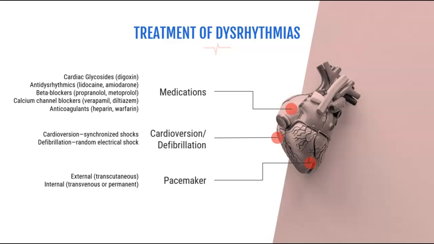Remember, you need to monitor the EKG rhythm, pulse, and vital signs when giving these medications. Cardioversion or defibrillation. Remember, cardioversion and defibrillation are different. Cardioversion is when there are synchronized shocks, and defibrillation is when there's a random electrical shock. And a pacemaker can either be external or internal.